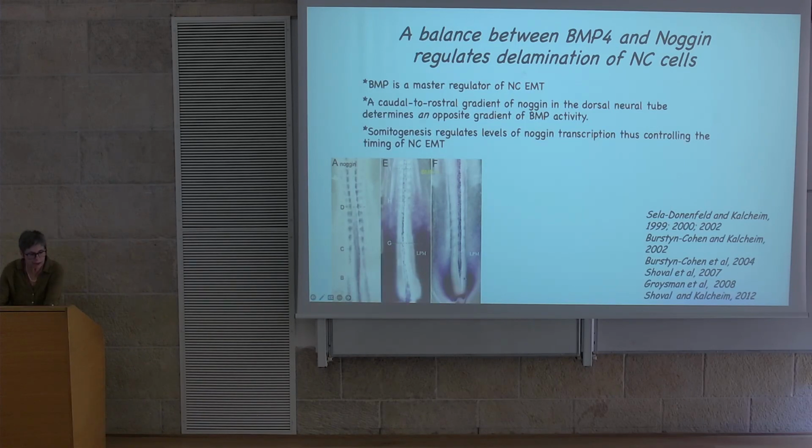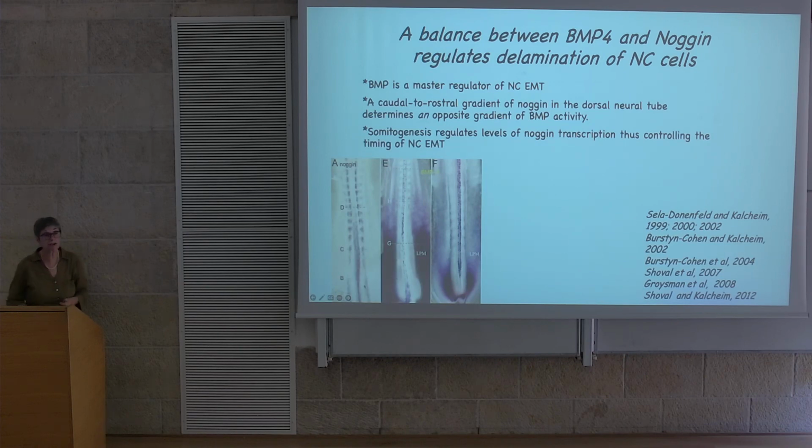And we see that BMP is homogeneously expressed throughout the entire dorsal neural tube. But there is its friend, an inhibitor of BMP called noggin, which is expressed in a graded fashion, very concentrated in the tail, and then less and less until it disappears later on.